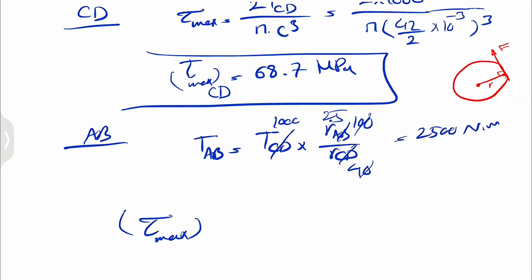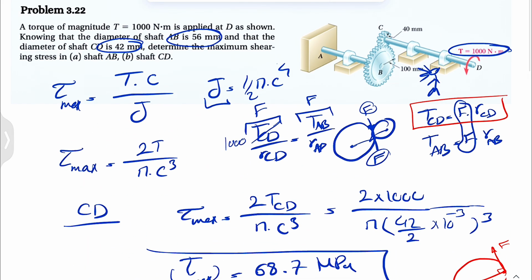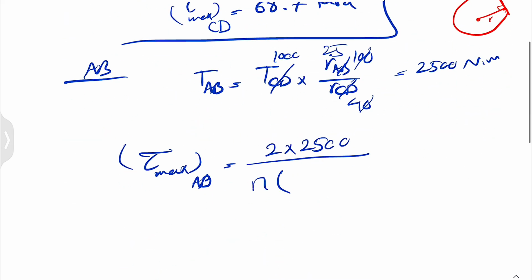And the rest is the same as what we did before. This time for AB, we just have a different torque. So 2 times 2500 over pi times the c is different because we have a different diameter for this shaft. AB is 56, so 56 divided by 2, again times 10 to the minus 3 to get it in meter.